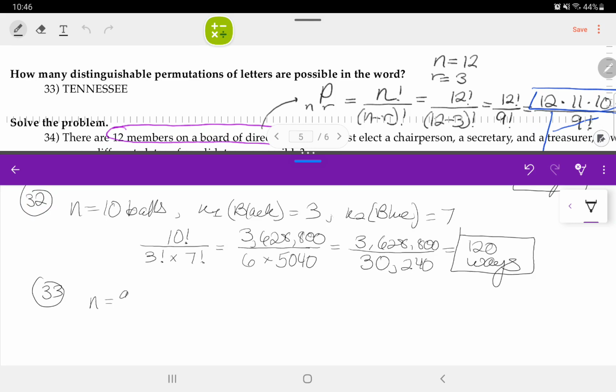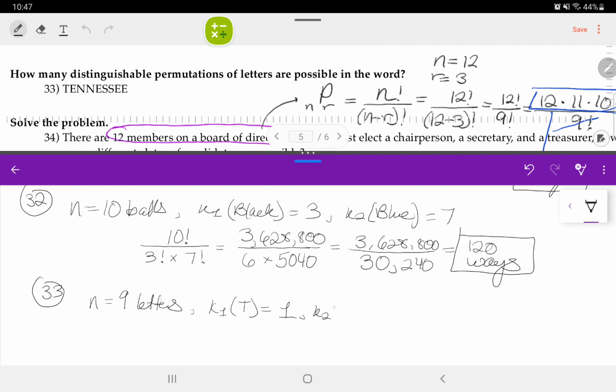There are 9 letters. Now, we're going to call K1 the number of T's in the word Tennessee, and it's only 1 T in that word.